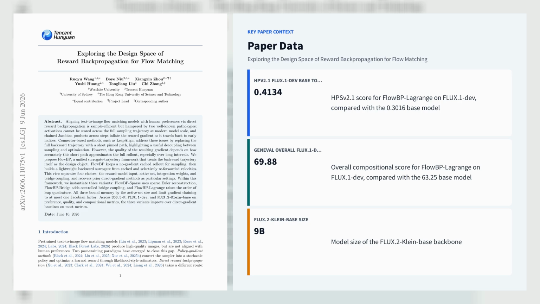For example, on Flux.1 Dev, HPSv2.1 rises from 0.3016 to 0.4134, and GenEval improves from 63.25 to 69.88. The authors report that memory scales with active set size rather than rollout length, and gradient chaining is bounded to at most 1 Jacobian factor.